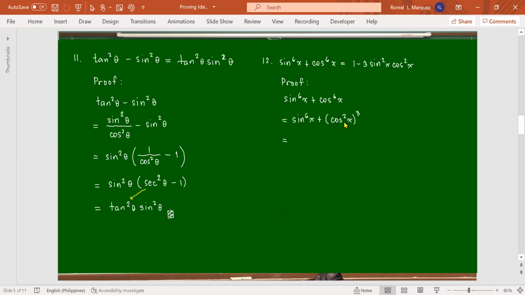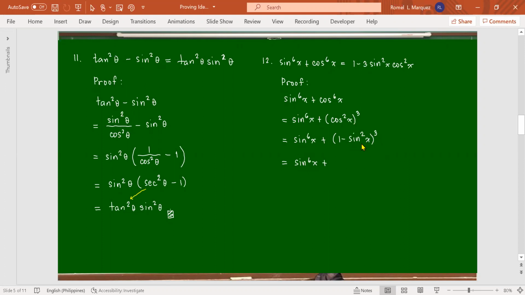And express cosine squared in terms of sine, and that is 1 minus sine squared x, Pythagorean identity, quantity cubed. So this is exponent 3. If you're going to expand this, the last term will give us negative sine to the 6, and it will cancel this. No, I think this will work. So let's proceed.